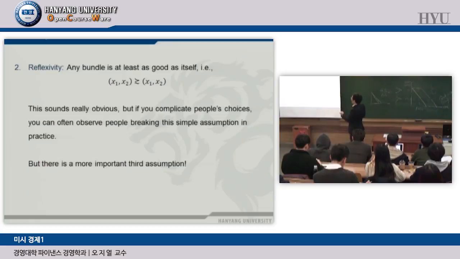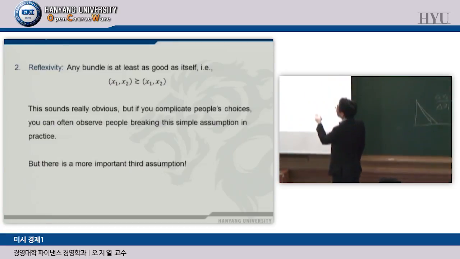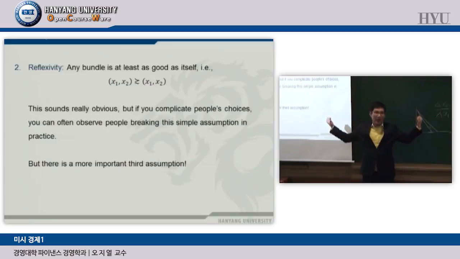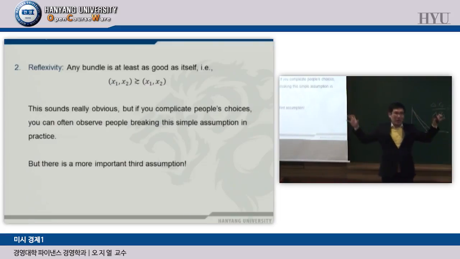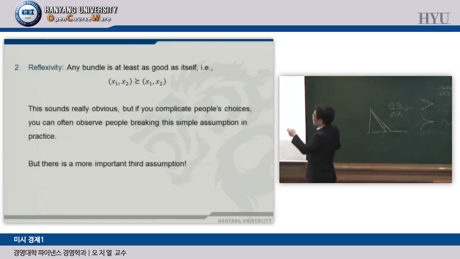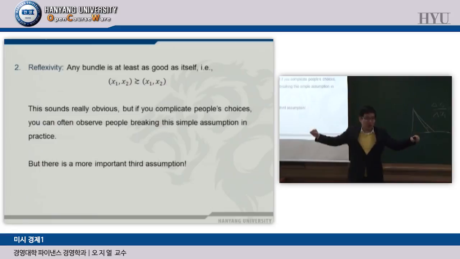What? X1 and X2, when you compare that to X1 and X2, it must be either indifferent or preferred. Obviously, because you derive the same pleasure from the same bundle. Yeah? So you can't just suddenly prefer one to the other. They have to be indifferent.